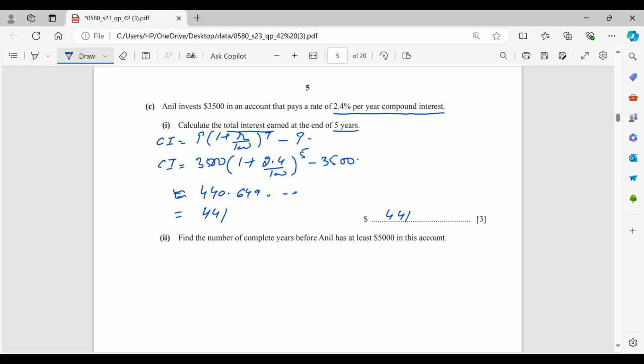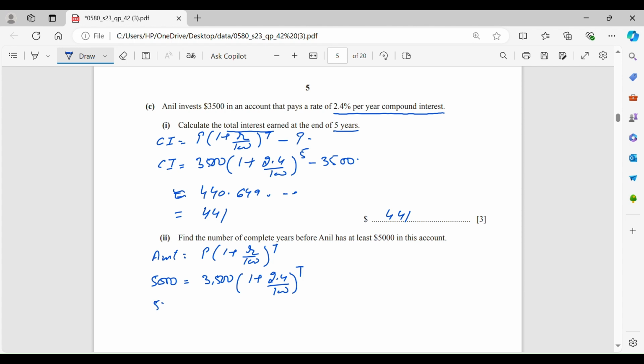Next, find the number of complete years before Anil has at least $5,000 in his account. So we need to find the time here. Amount equals principal times (1 plus r by 100) raised to the power t. The amount is 5,000, the principal is 3,500, and the rate is 2.4 by 100, raised to the power t.